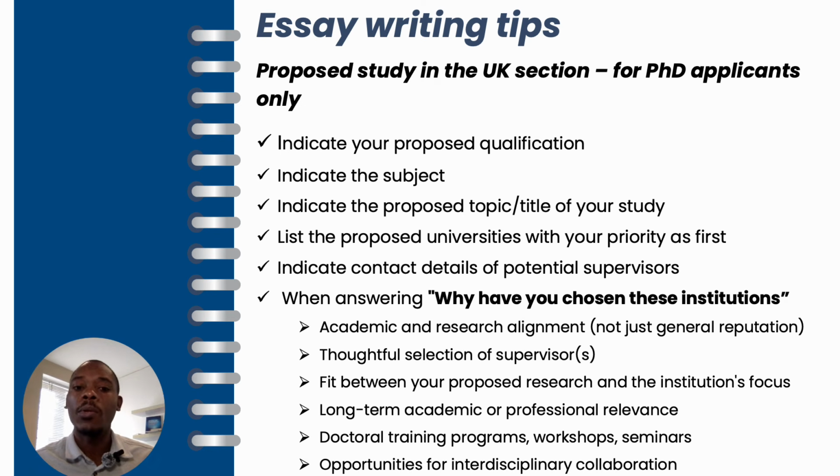Maybe they support PhD students to do other trainings, or maybe they offer additional opportunities for you to tutor master's students or undergraduate students, like in my case. So that will be an added advantage that you can include while you are selecting the course.